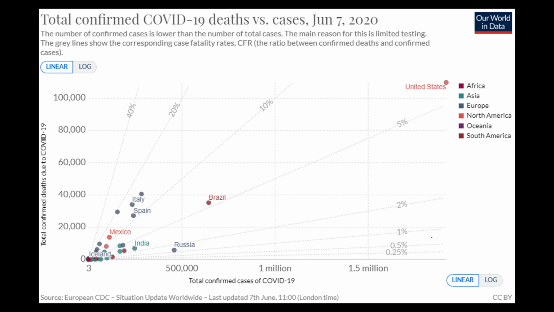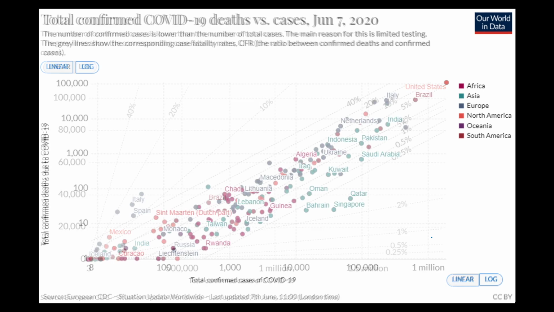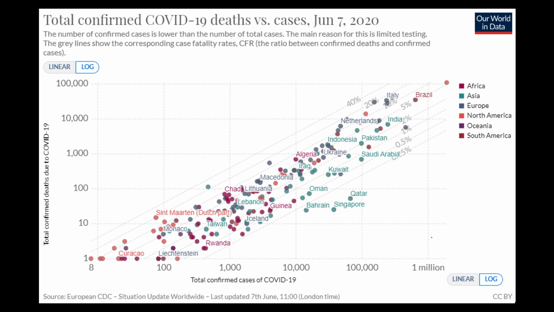And if I change both of the axes to logarithmic or exponential scales, you're seeing a much more visually aesthetic positive association in the relationship between the total confirmed cases of COVID-19 and the total confirmed deaths due to COVID-19.